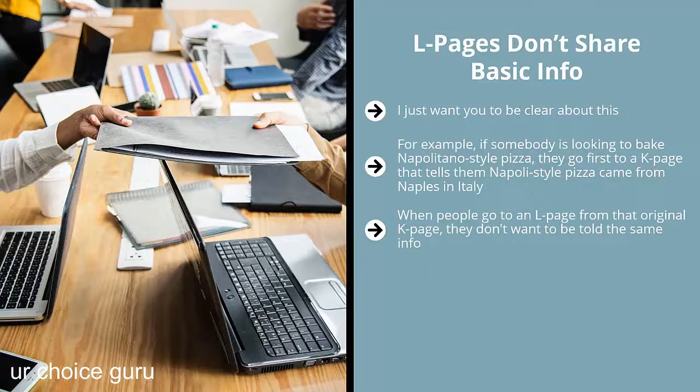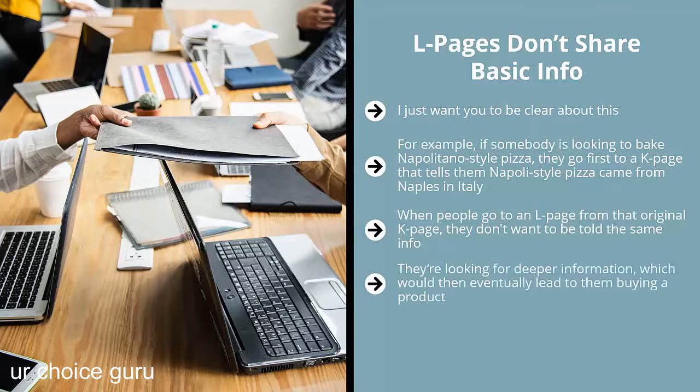Now they want specifics, like how not to burn their Napoli pizza too much. What kind of pizza ovens are available to produce the very best Neapolitan-style pizza? You get the point. They're looking for deeper information, which would then eventually lead them to buying a product. They have deeper needs at this point. Don't waste their time by rehashing basics or intro. It just erodes your credibility and authority.